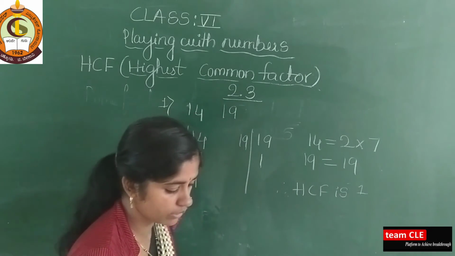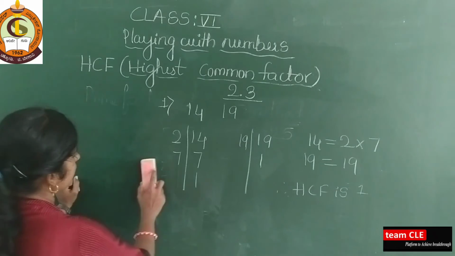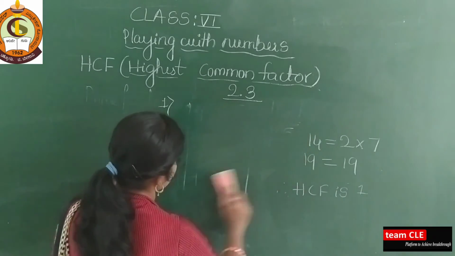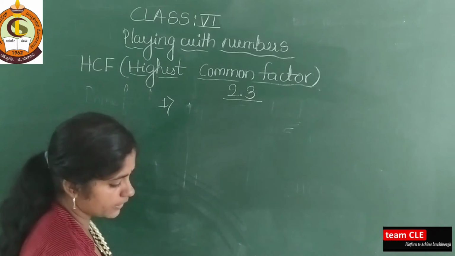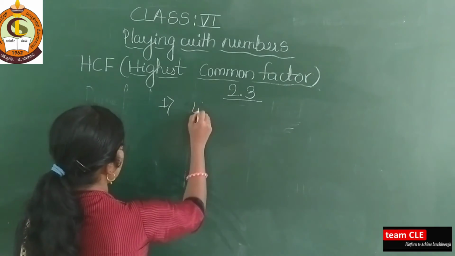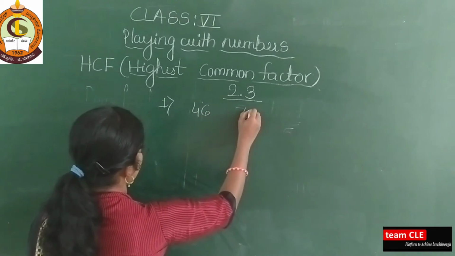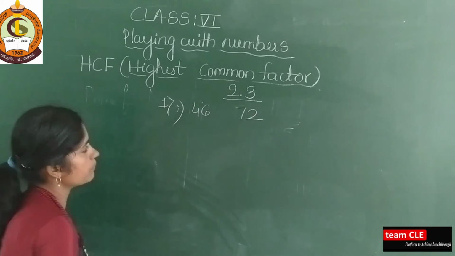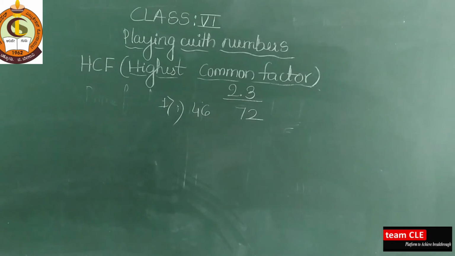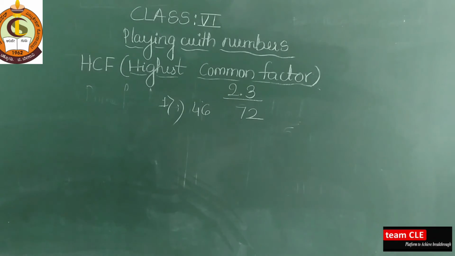Okay, let us take one more example, and I will take here 46 and 72. This is your I-1th example. So here I am solving the examples from your exercise 2.3.